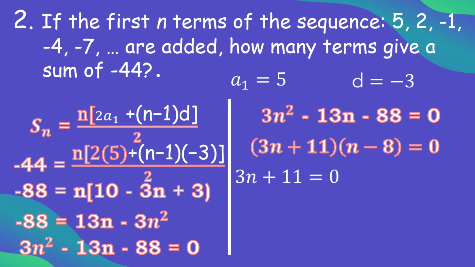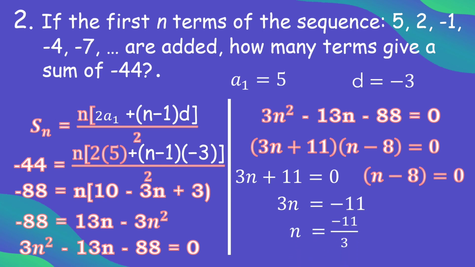So we have 3n plus 11 equals 0 and n minus 8 equals 0. Let us solve for n. Let us start with 3n plus 11 equals 0. Transpose 11, so we have 3n equals negative 11. Then divide both sides by 3. So we have n equals negative 11 over 3. On the other hand, n minus 8 equals 0. Transpose 8 to the right side of the equation, n equals 8.